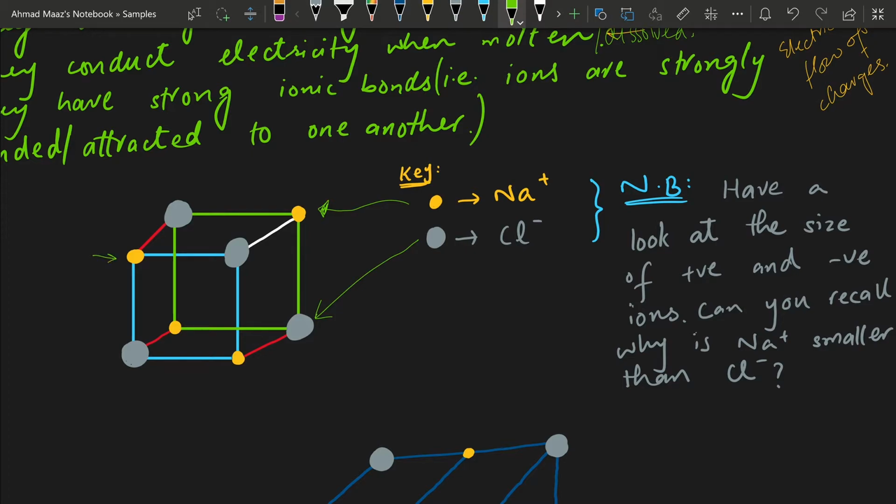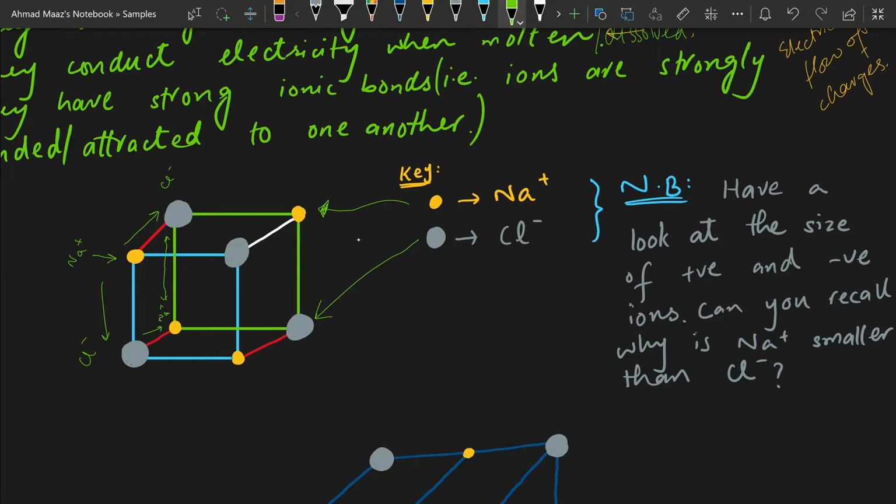One sodium ion is attached to a chloride ion, and this chloride ion is attached to a sodium ion over here, and this sodium ion is again attached to a chloride ion.